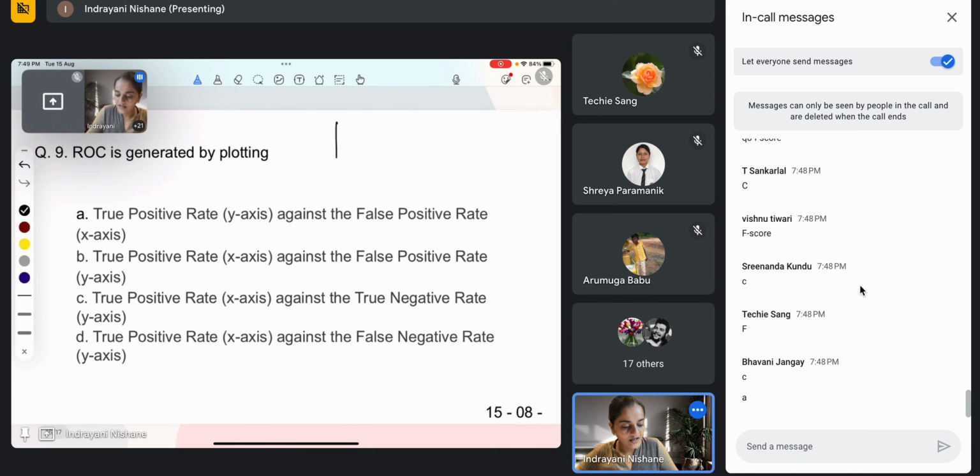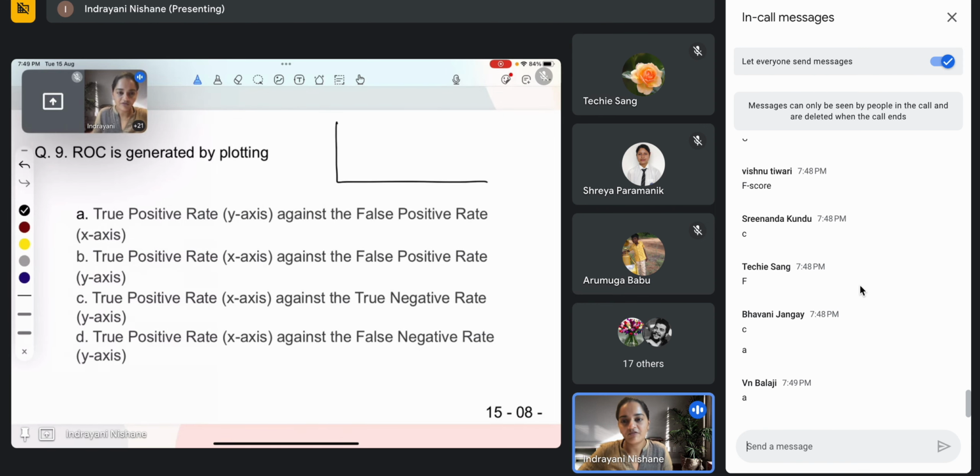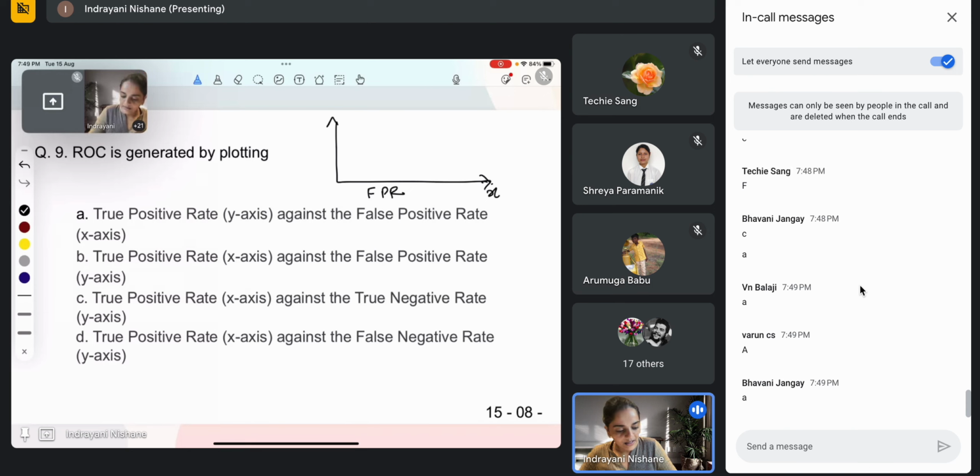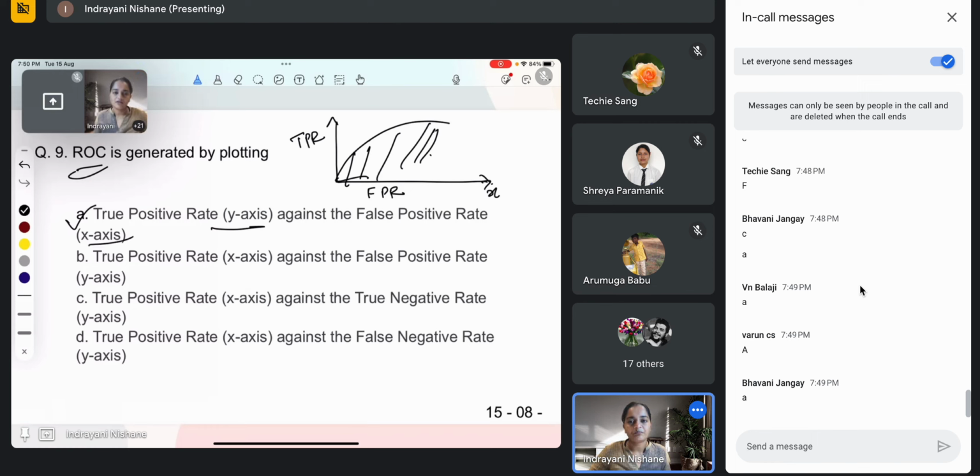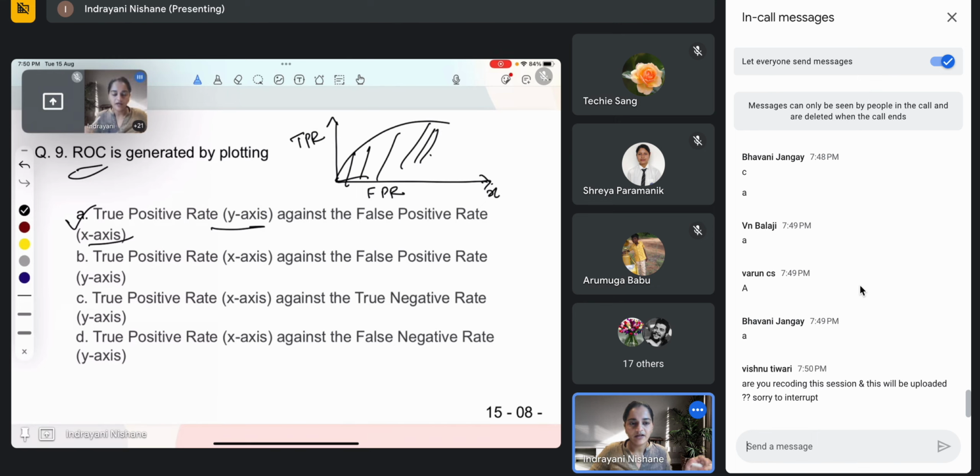ROC is the area under the curve for the graph where we plot false positive rate on the x-axis and TPR, the true positive rate, on the y-axis. So option A seems to be correct. We calculate the true positive and false positive rates, plot them, and calculate the area under the curve.